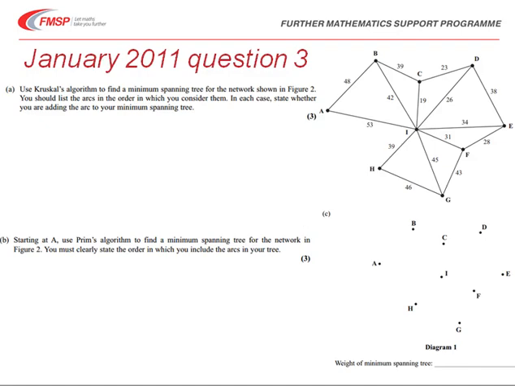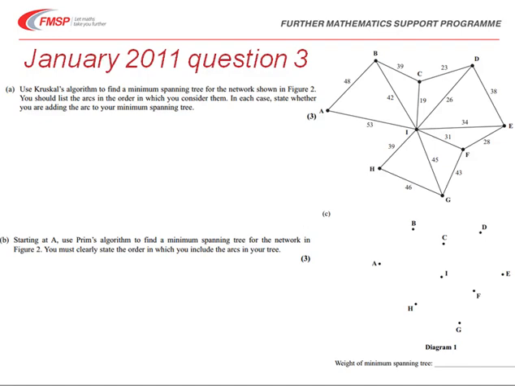In the first part of the question we're asked to use Kruskal's algorithm to find a minimum spanning tree. Now I would always suggest that when you're doing either of these algorithms, you always draw a minimum spanning tree at the same time. So we will use the diagram 1 for Prim's later on, but I'm going to start off with my Kruskal's algorithm.